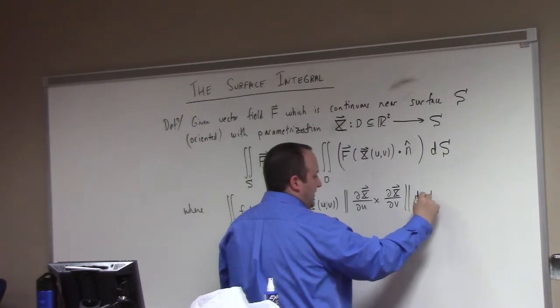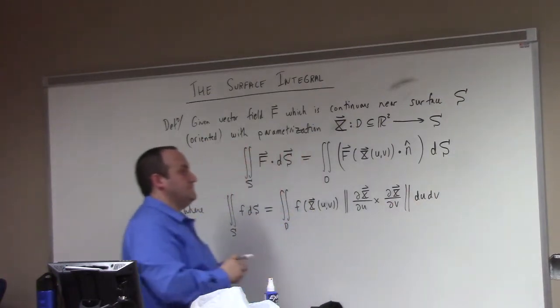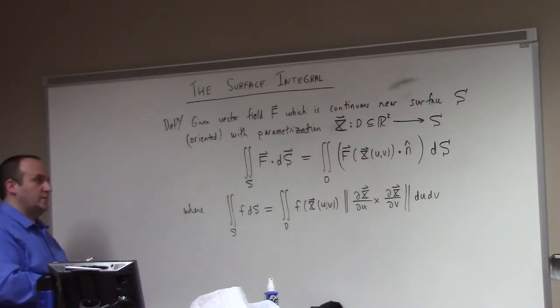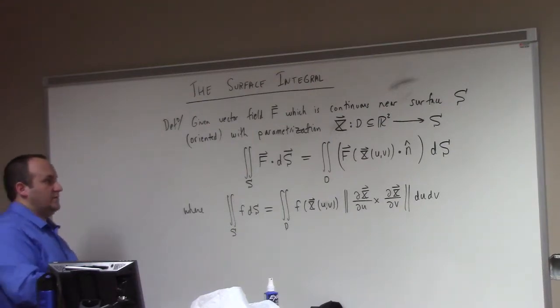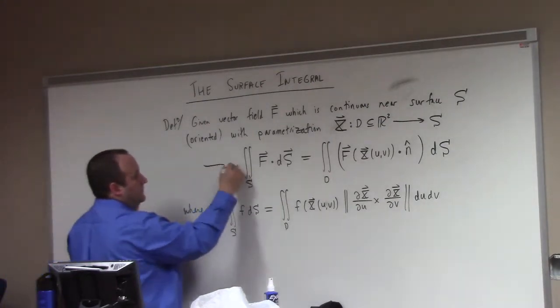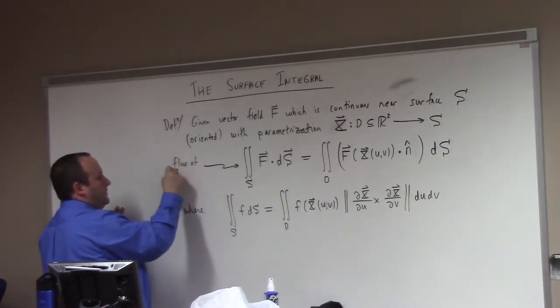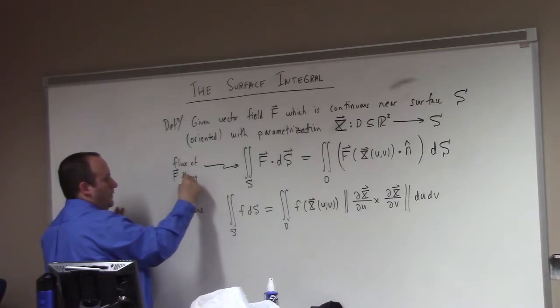We could write du dv here if you like. So this is the flux of F through S.